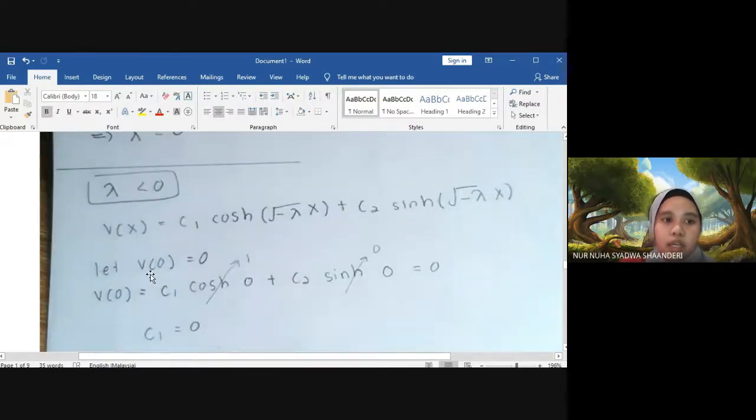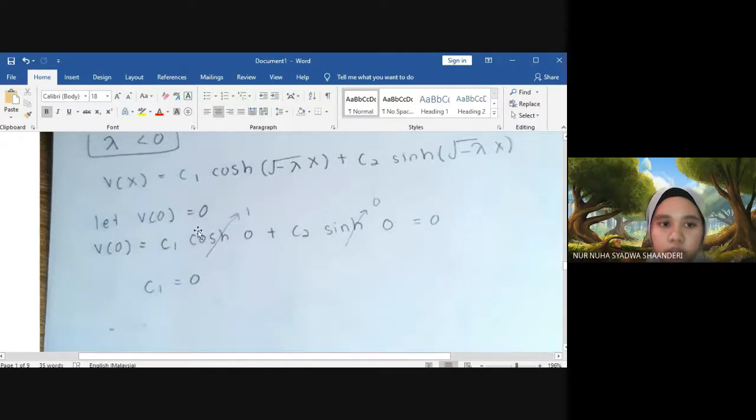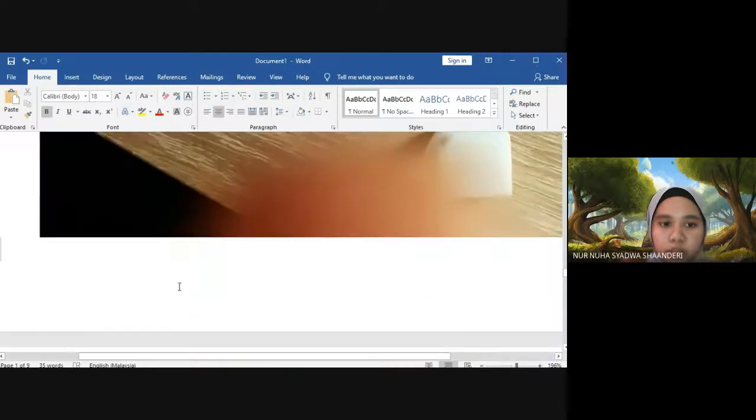So for lambda less than 0, we have this equation. For Vx is C1 cos square root of negative lambda x plus C2 sin square root of negative lambda x. We let V0 equals to 0, and we substitute x with 0, and we get C1 equals to 0.